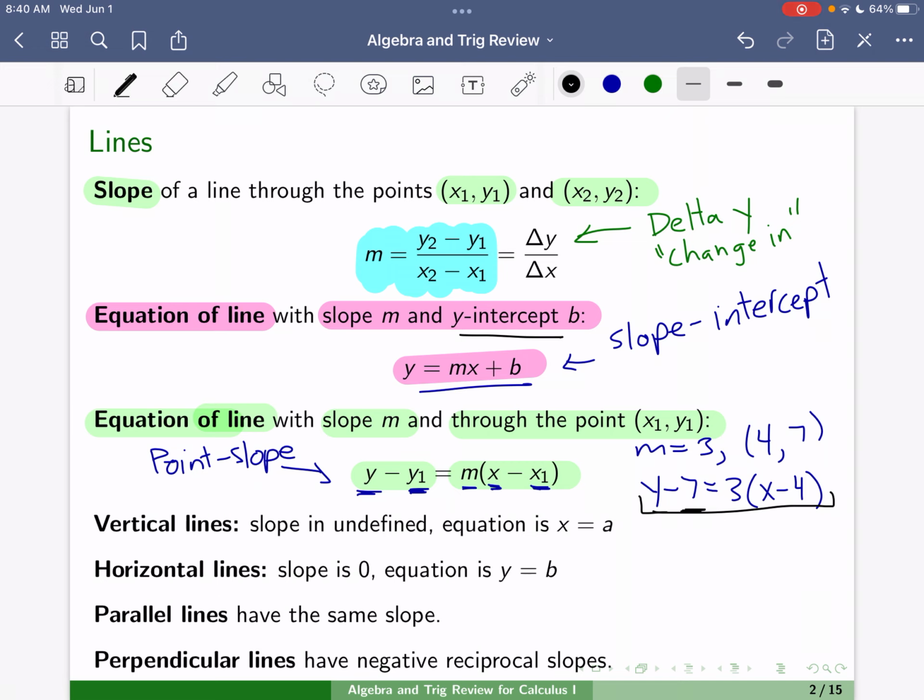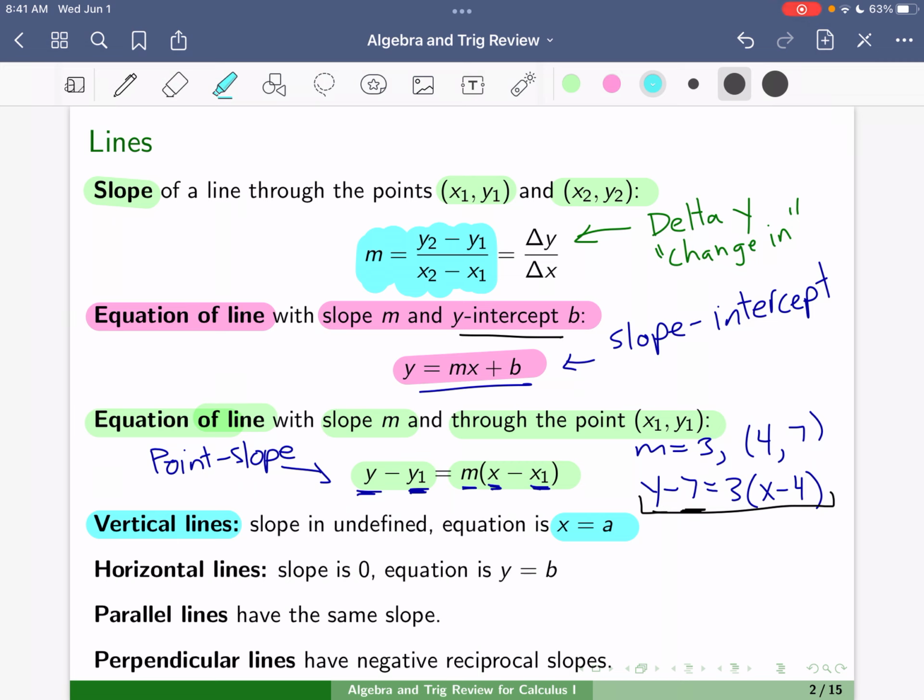If we have a line that is a vertical line, so it's going up and down, for vertical lines, your x value is fixed, and so your x value is just some number a. And so the value for the slope is undefined. So the equation is just x equals a.